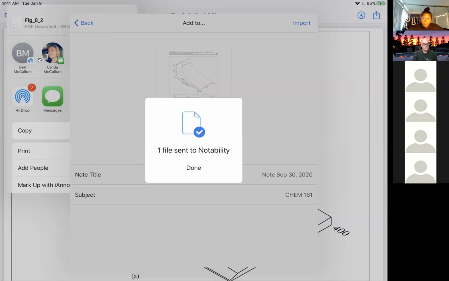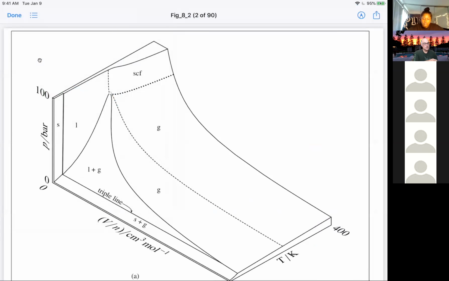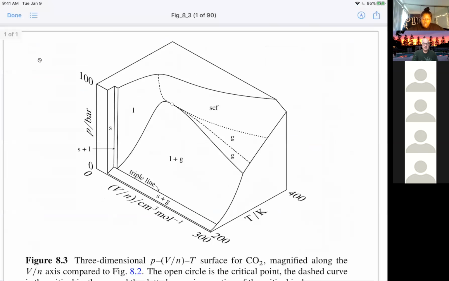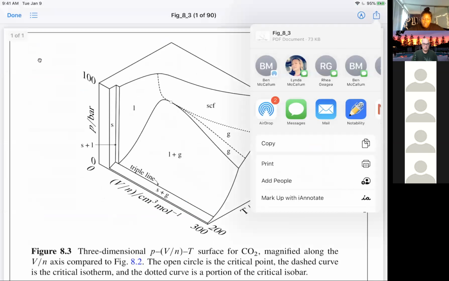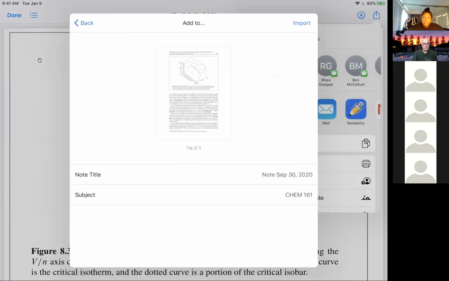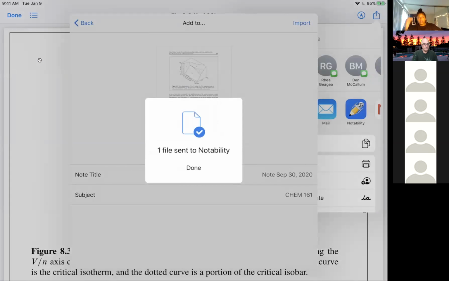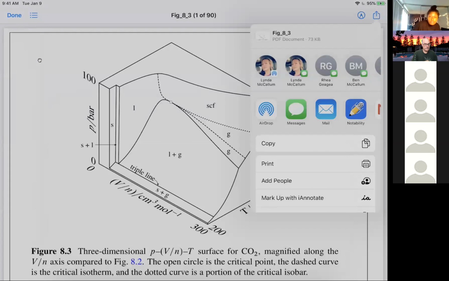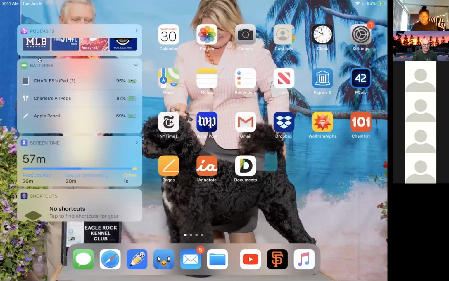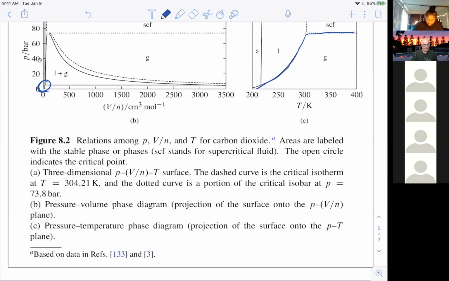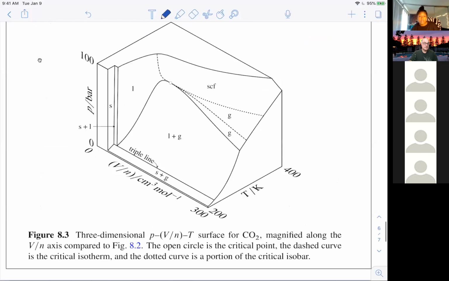So here's another one. This is also for CO2.